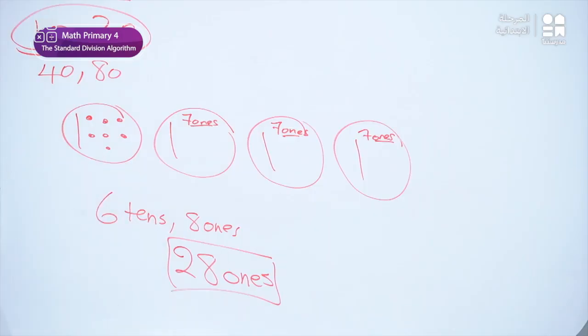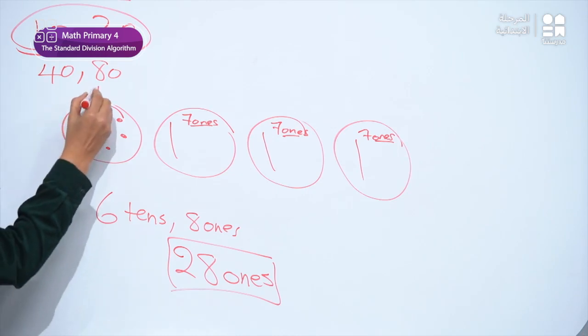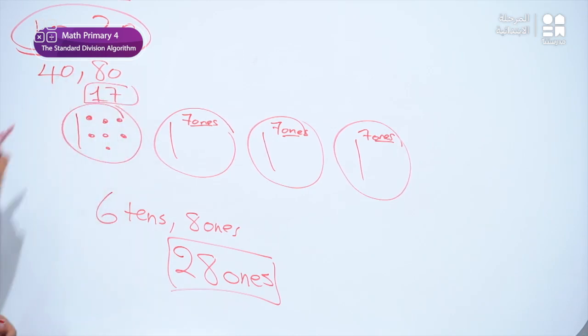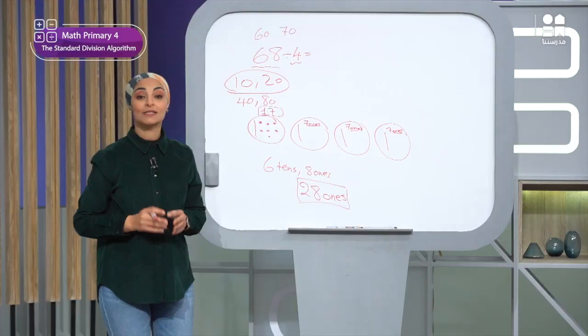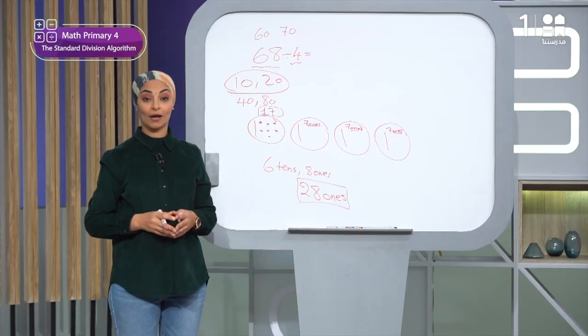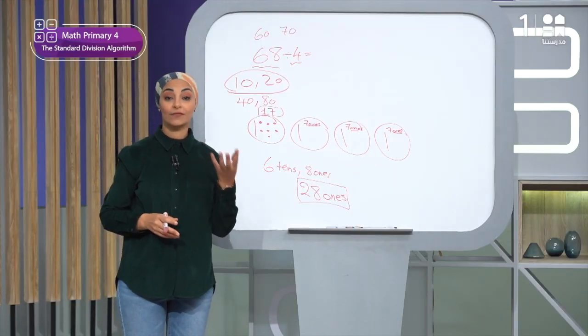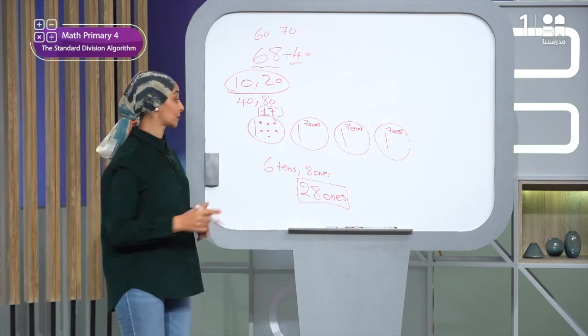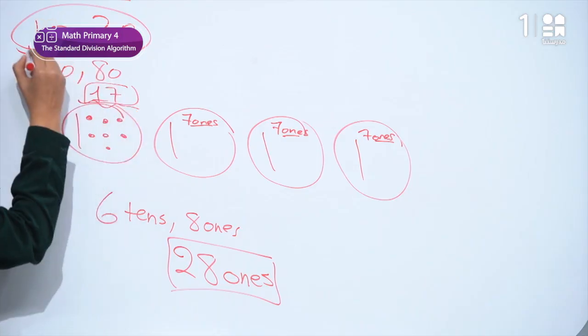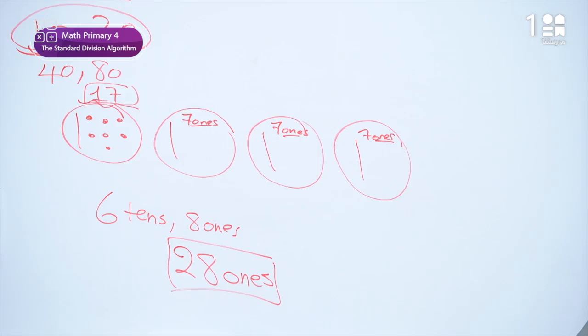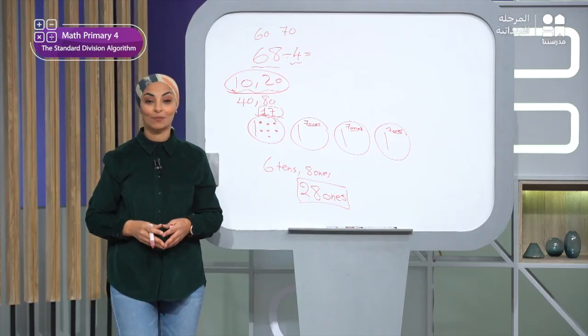The total will be 17 ones, right? This is the actual quotient we will have. Now we'll find that 17 is between what and what? Yes, as you see here, 17 is between 10 and 20, as you estimated at the beginning of this problem.